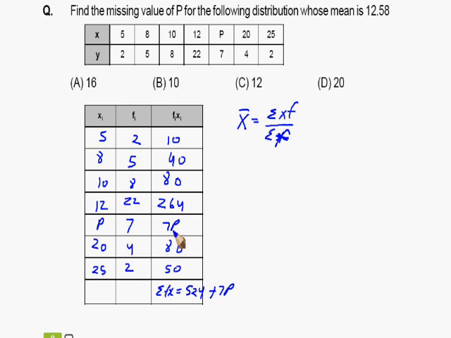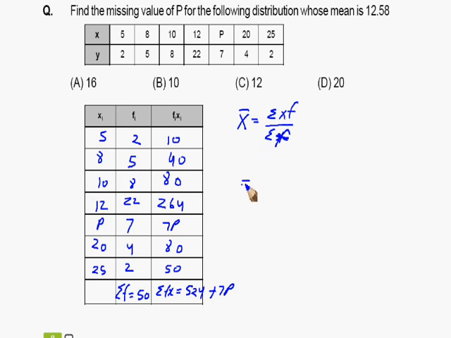We cannot add this value because we don't know the value of p, so we take it separately. In the same way, the sum of the frequencies is 2 plus 5 is 7, 7 plus 8 is 15, 15 plus 22 is 37, 37 plus 7 is 44, 44 plus 4 is 48, 48 plus 2 is 50. So the summation of frequency is 50.